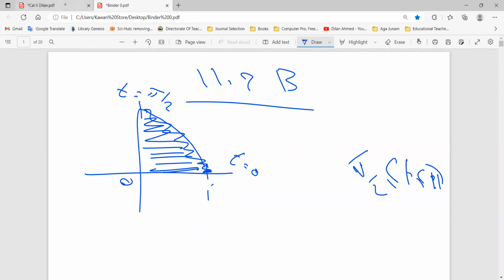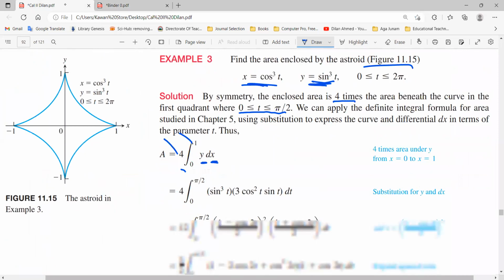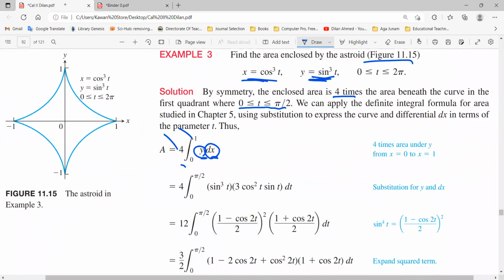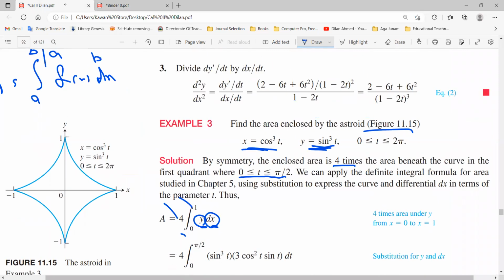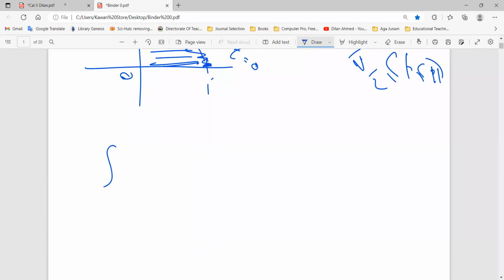Now we have y and we have dx. As you know, y is given. Y is sine cube, right? So instead of 4 times the integral from 0 to 1 of y dx, I say the area is equal to 4 times the integral from 0 to pi over 2, because I changed the whole system to t.